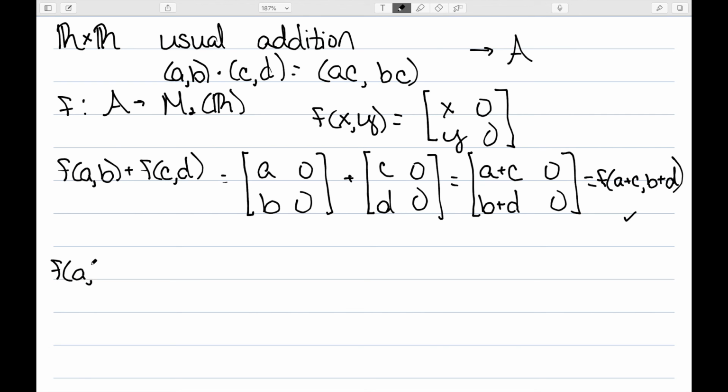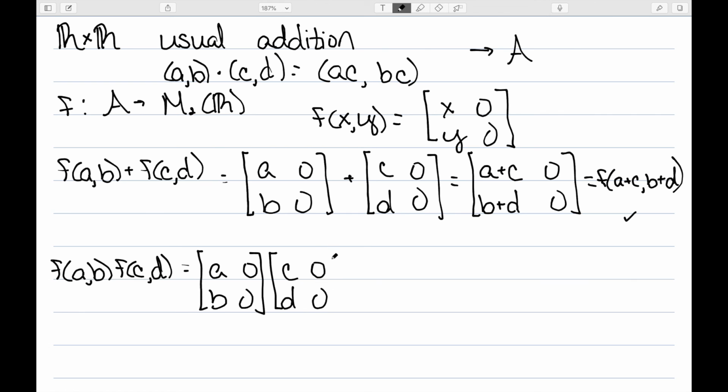For the next piece, let's look at f of (a,b) times f of (c,d). Well, this would be [a, 0; b, 0] times [c, 0; d, 0].